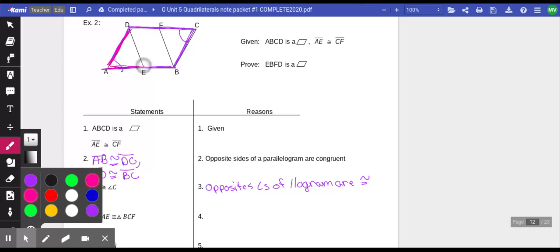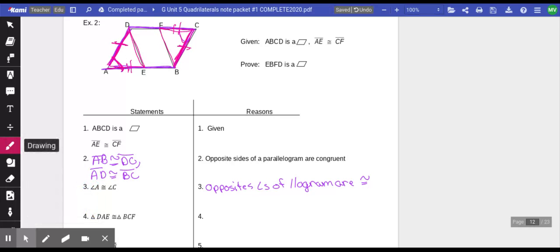DAE is congruent to BCF. Well, we knew these angles were congruent, and I knew that AD was congruent to BC, and it's given that AE is congruent to CF.